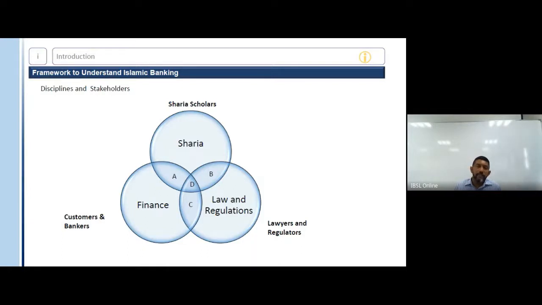For instance, the big boys in banking, the HSBCs, the Citis, the Standard Chartereds, offer Islamic banking in many territories. So similarly, in individual countries, secular institutions offer Islamic banking.